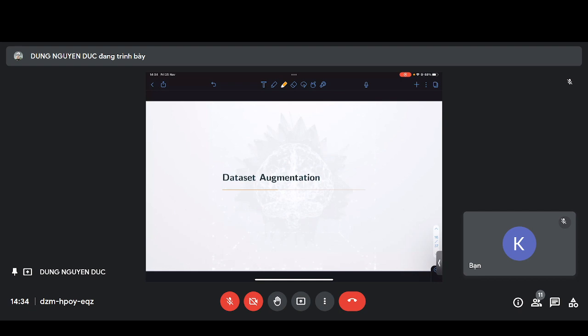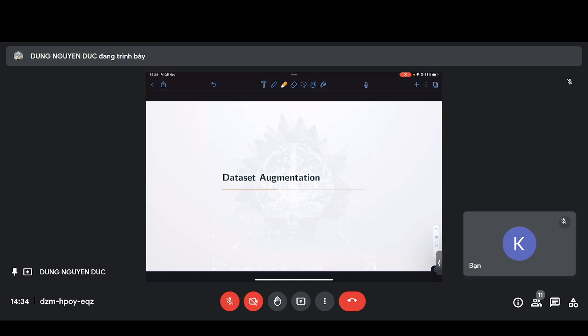Some of them require you to add some noise. Many of the voices you collect may be from studio rooms without noise. And if you want to recognize that in the real world, then you have to add some noise.